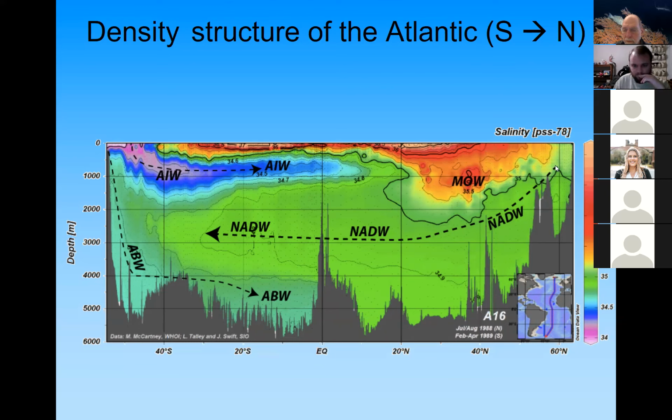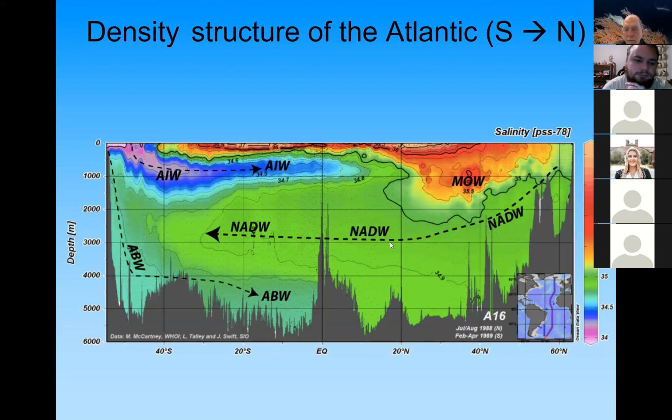And this water is relatively fresh, has low salinity, partly because it contains meltwater from the Arctic ice cap, but it's quite cold because it's coming down from the Arctic. So here you have high salinity, higher temperature, warmer water mixing with low salinity, low temperature water.